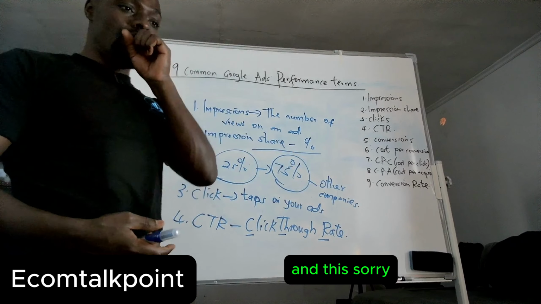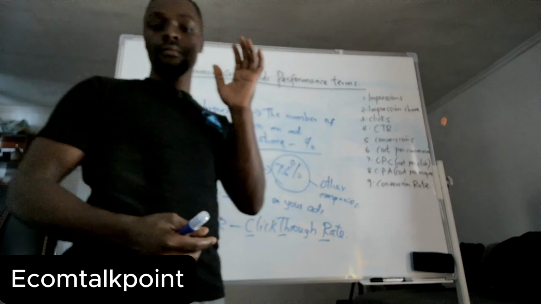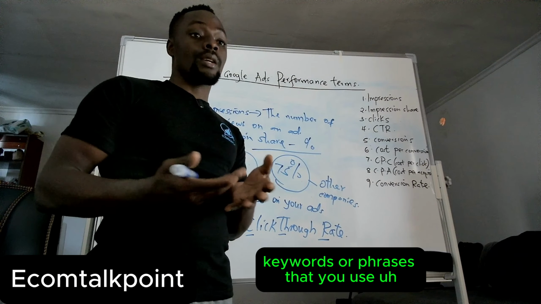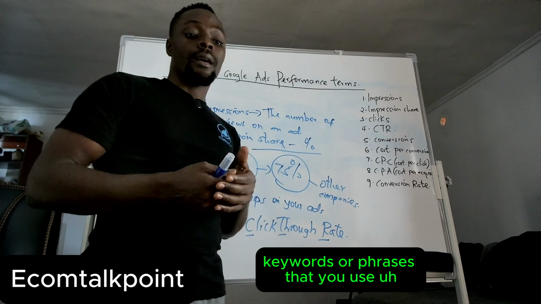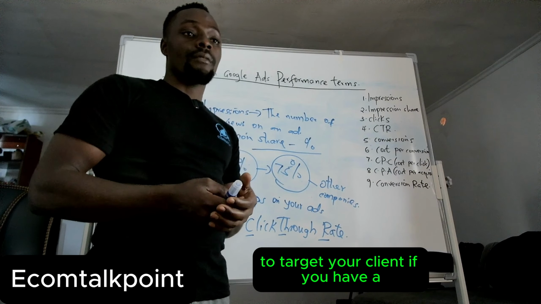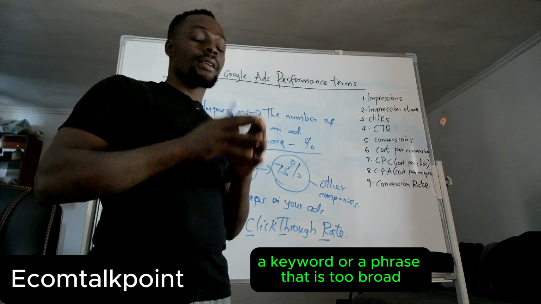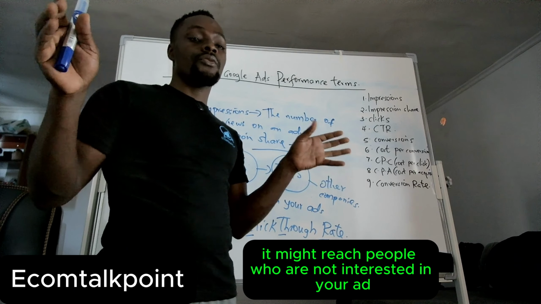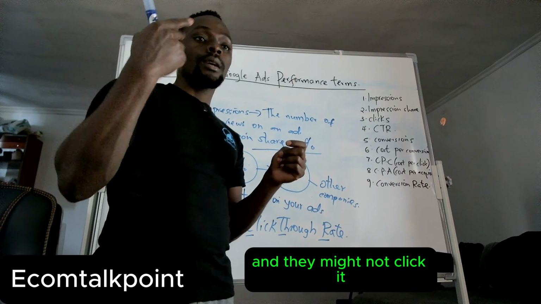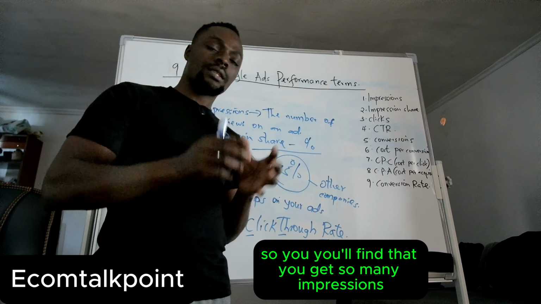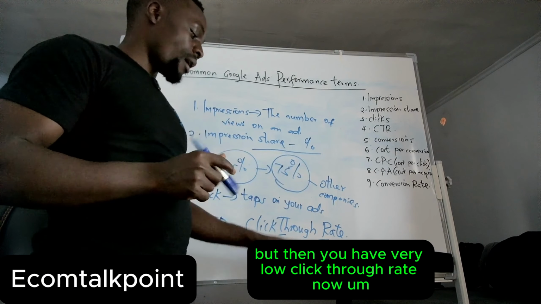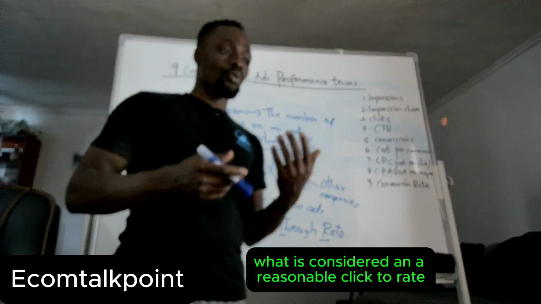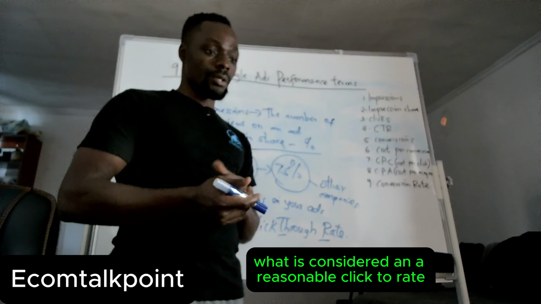This can be affected by the type of keywords or phrases that you use to target your client. If you have a keyword or a phrase that is too broad, it might reach people who are not interested in your ad and they might not click it. So you'll find that you get so many impressions, but then you have a very low click-through rate. Now, what is considered a reasonable click-through rate?